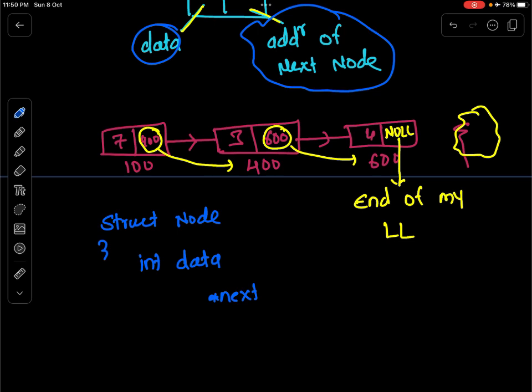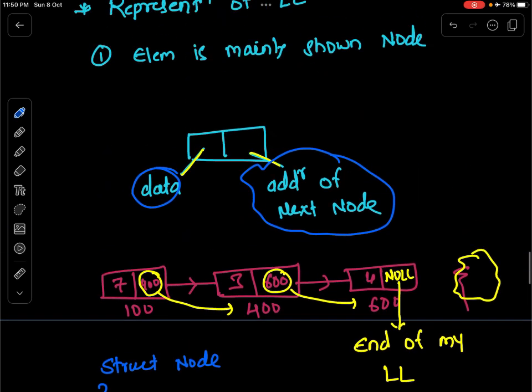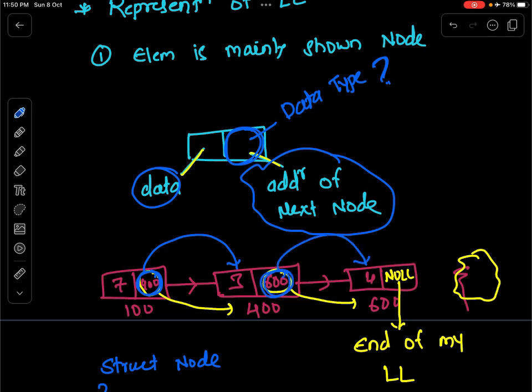Now the question comes, in order to store address, what kind of data type do we need? Now if I ask you the question, whose address is this? Can I say it is of the next node?